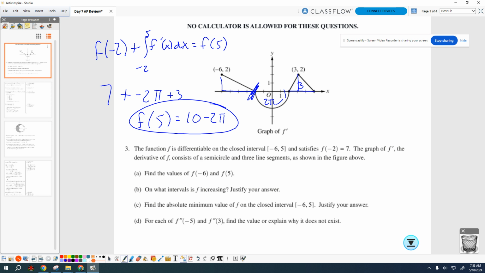So show for yourself, what are you doing? Where are you starting? Where are you going? Are you going forward? Or are you going backward? Is the area above? Is it below? Especially those of you that live in the 64s. You're so close.